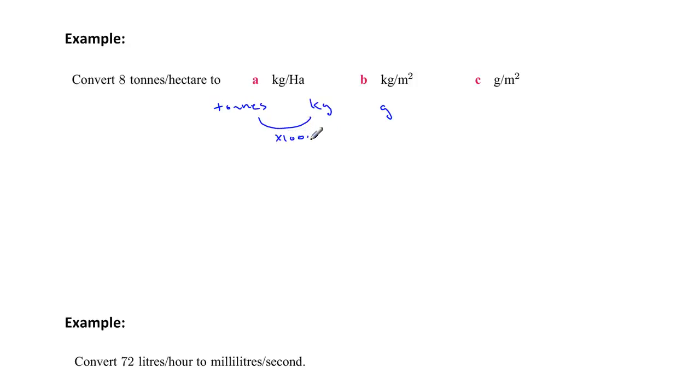So 1,000 kilograms in a tonne, and then to convert to grams, we're going to multiply by 1,000 again. So let's have a look at how we can do these ones.